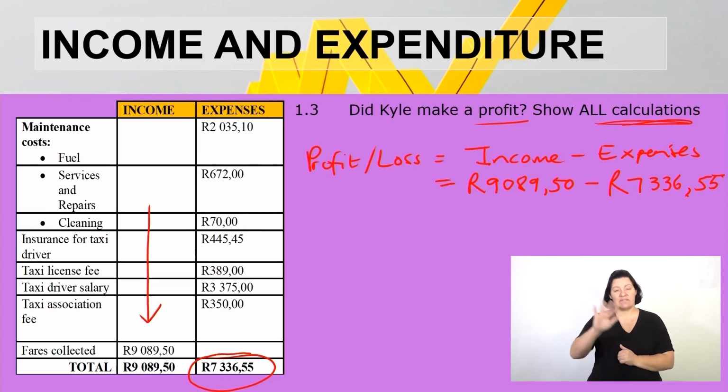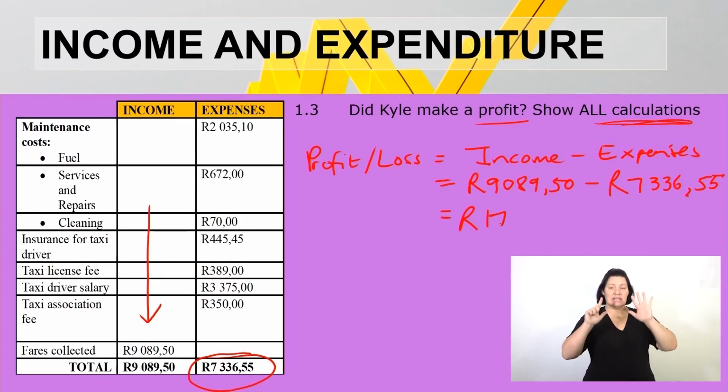Let me fix that, it's 55 cents. So if you look at this, Kyle will make a profit of 1,752 Rand and 95 cents. Just to quickly recap, in order to calculate whether it's a profit or a loss, you take your income minus your expenses. I hope that is clear.